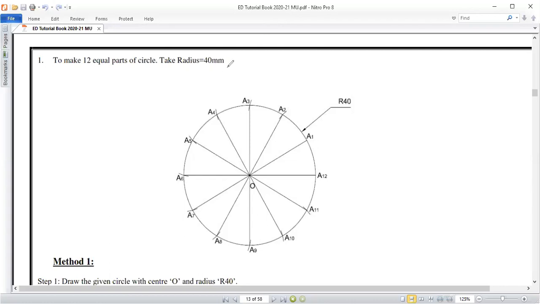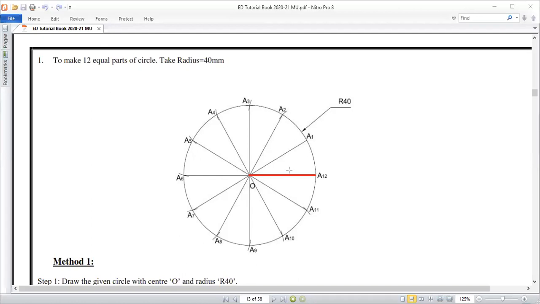So here what you need to do is, first you need to make one center point which is O, as you can see over here, and you have to draw one horizontal line like this first. This horizontal line indicates that the radius of this particular circle is 40 mm.